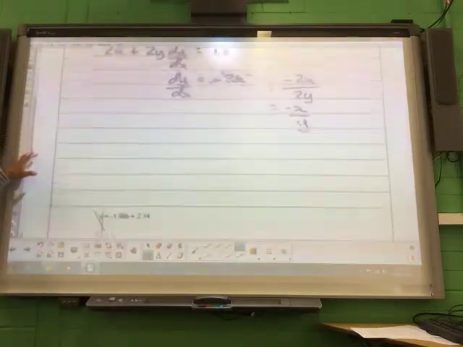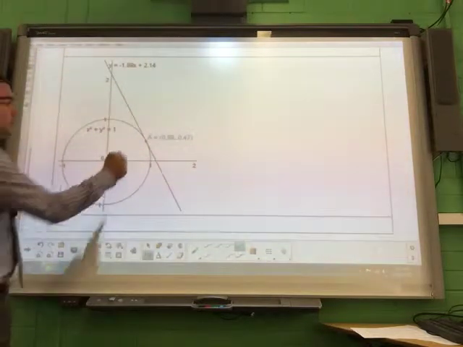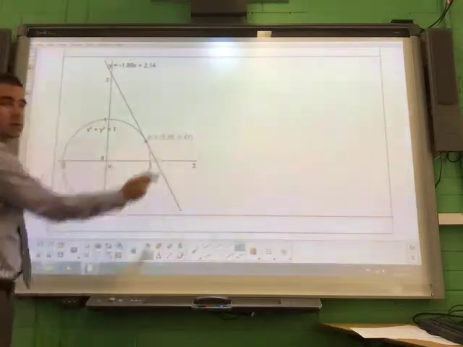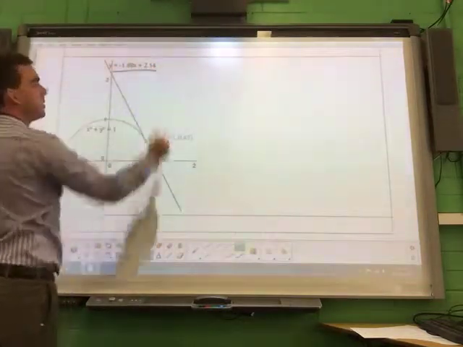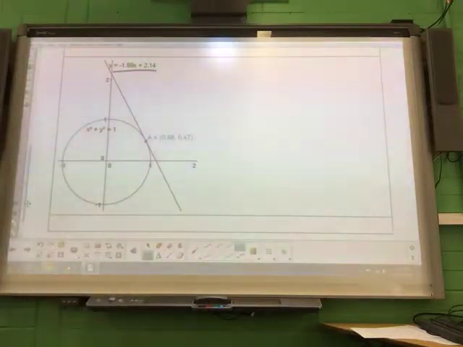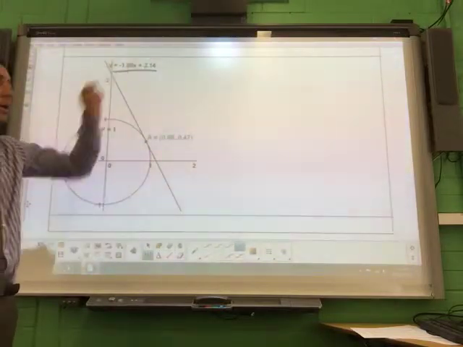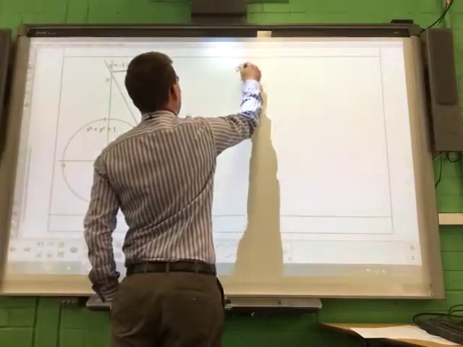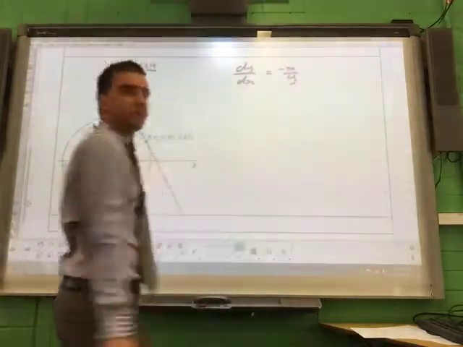Okay, so let's look at the graph. That's the circle, x squared plus y squared is 1. If I pick this point here, there are the coordinates here from GeoGebra, draw the tangent, there's the equation y equals mx plus b. So if I substitute this point for x and y into that previous thing, dy dx is negative x on y.